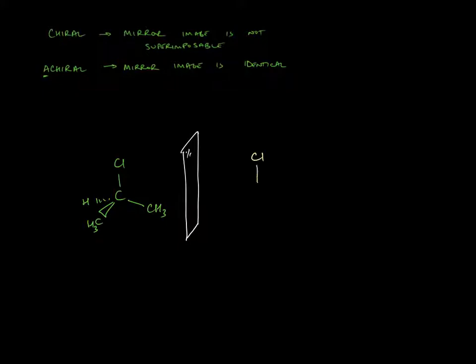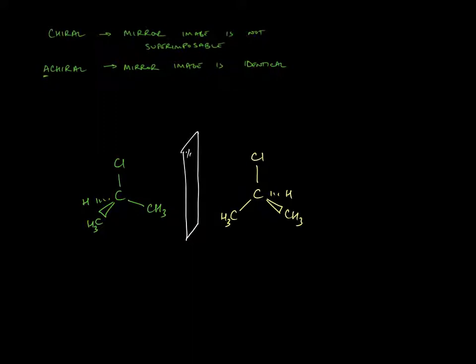The mirror image would have the chlorine still up, it would still have the back stuff on the dash, and the front stuff would still be on the wedge, but right would become left and vice versa. So I will put my methyl on the left instead of the right. I'll have the methyl on the wedge be on the right instead of the left, and I'll have that H in the back on the right instead of the left.